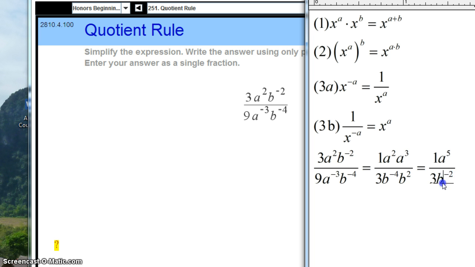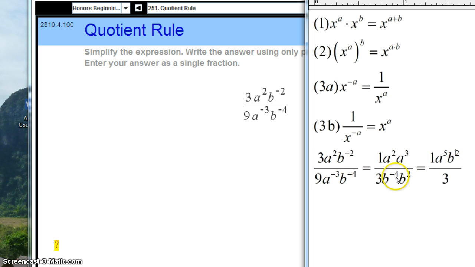So like I said, if you can think ahead and avoid this, now we can simply say, okay, well, we'll use this rule here. We'll bring the b to the negative 2 up top. But had we thought ahead right here, we could have said, oh, okay, well, if we bring the negative 4 up to the top, that'd be 4 minus 2, which is positive 2, which is exactly what we're going to get when we bring this up to the top here.